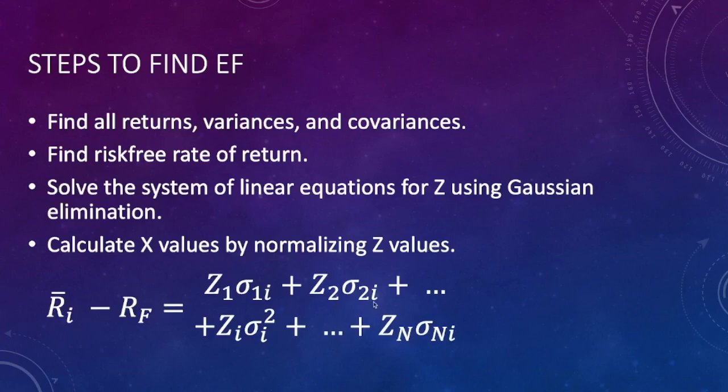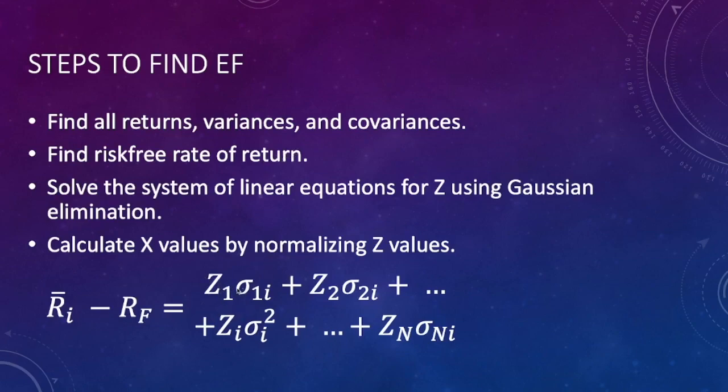So recall that the system of linear equations that we get are of this form, right? So we know Ri, we know Rf, we know all of these covariances, right? And so we know all of these equations as given by our inputs, right? So we actually don't have to take the derivatives and all those things. Those are intermediate steps that we have already completed, right?